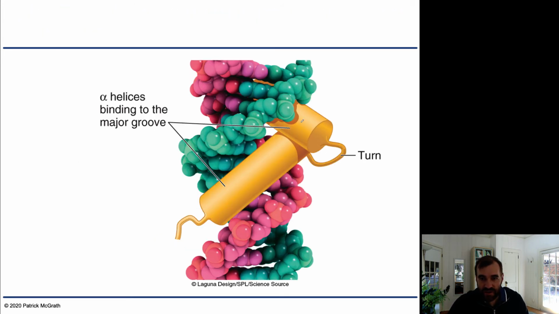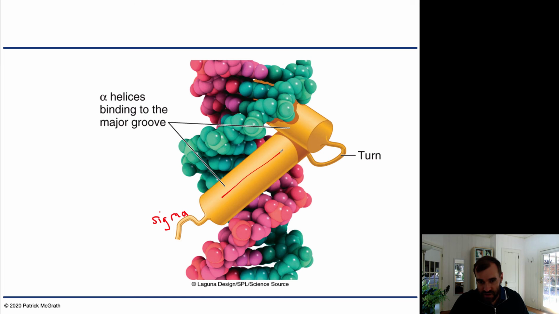Again, just to reiterate, it's important to think about how a protein is able to bind to DNA. What we see here is part of the sigma factor. This yellow is part of the protein, the sigma factor. This sigma factor has a helix-turn-helix.